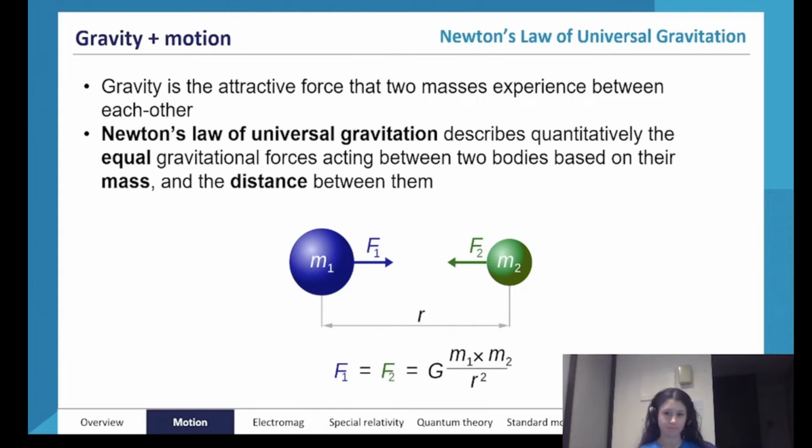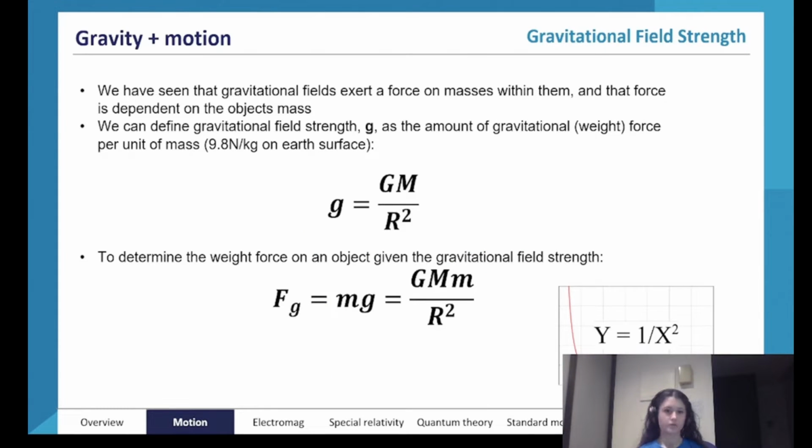Okay. So now getting onto gravitational field strength. So we've seen that gravitational fields exert a force on masses within them, and that the force is dependent on the object's mass. We can define the gravitational field strength, g, as the amount of gravitational force per unit mass.